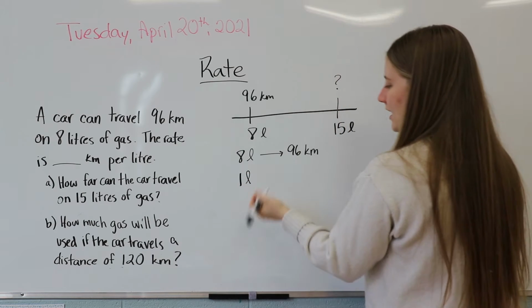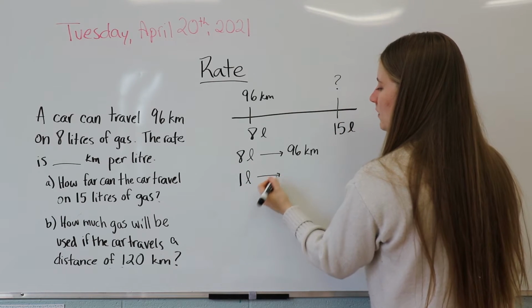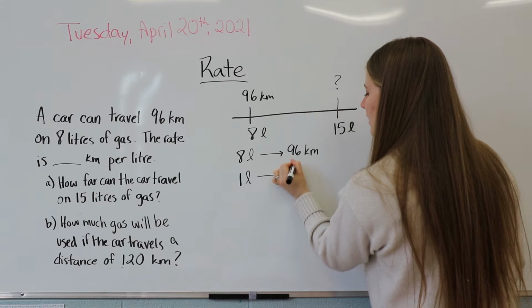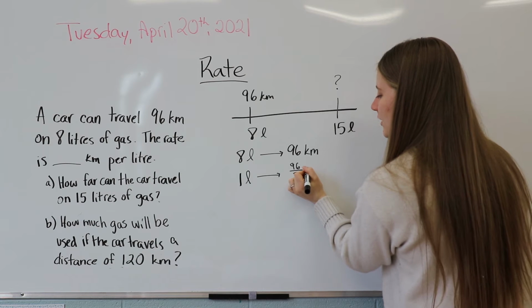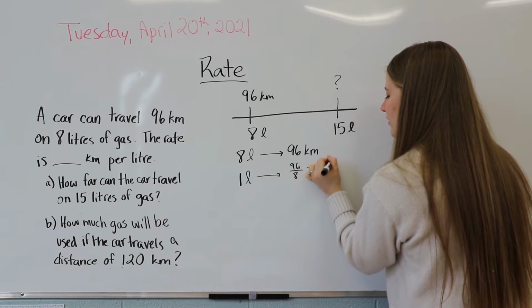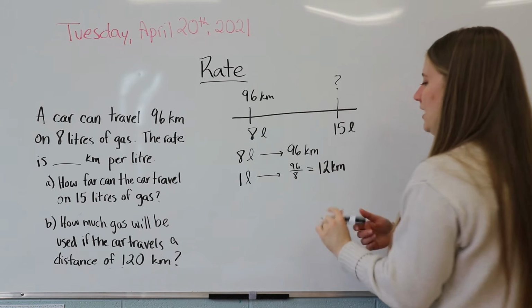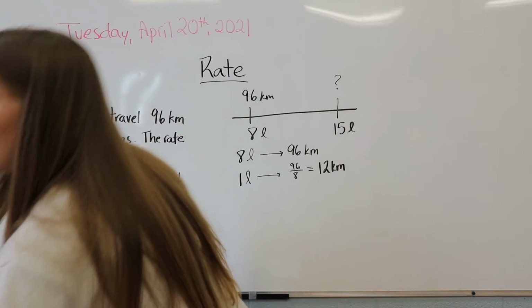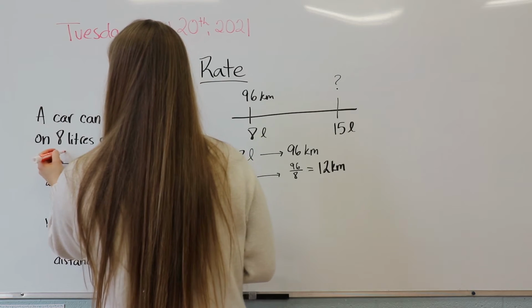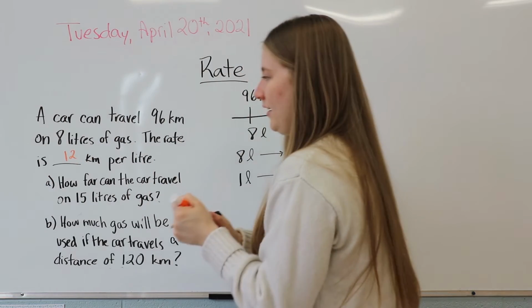In order to do that, we have to do our division, 96 over 8, which equals 12 kilometers. So our rate here is 12 kilometers per liter.